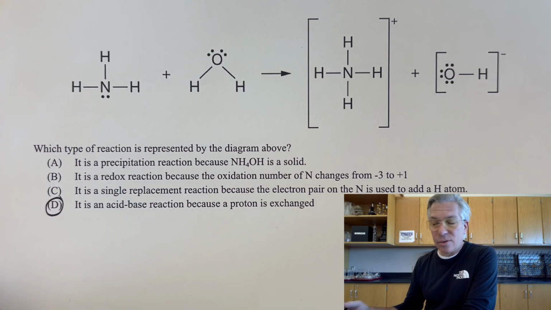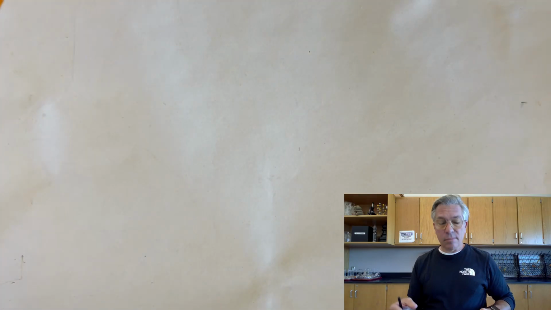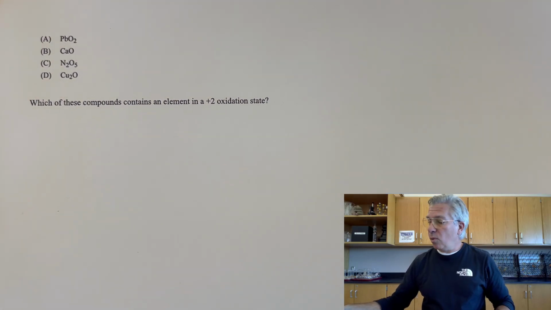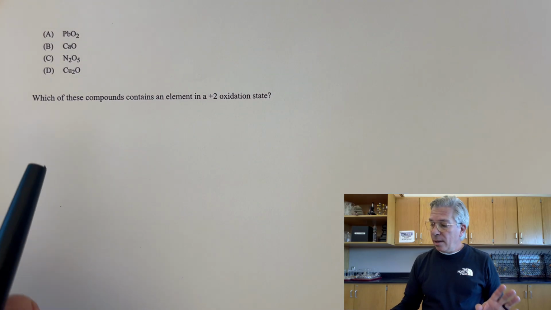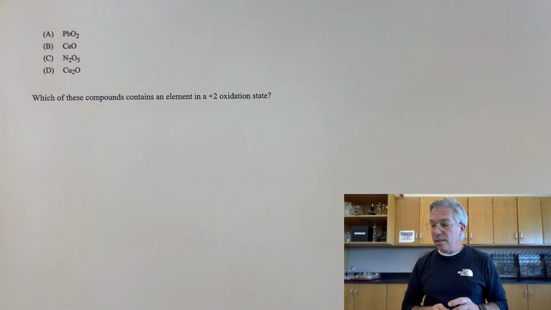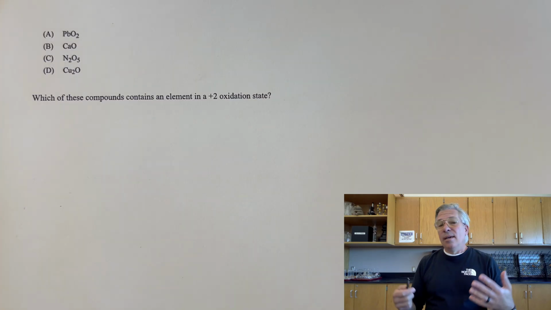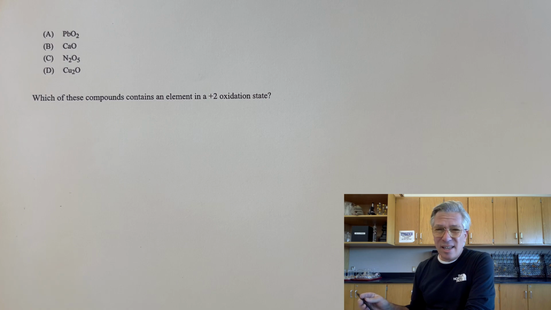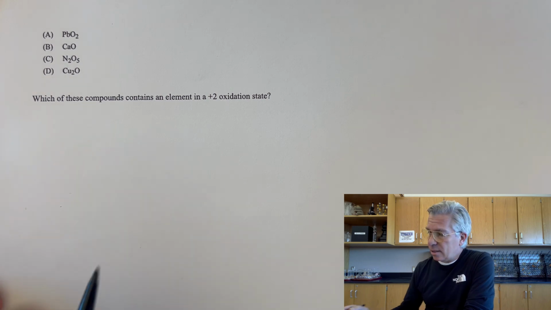There are lots of distractors in there, and that's one of the challenges of an AP level class: you've got to get rid of all the distractors and laser in on what you want to find. Which of these compounds contains an element in the +2 oxidation state? Again, we might have to assign some states, and it's a multiple choice question. You get a minute and a half on average for each of these, so it's helpful to get good at assigning oxidation states.